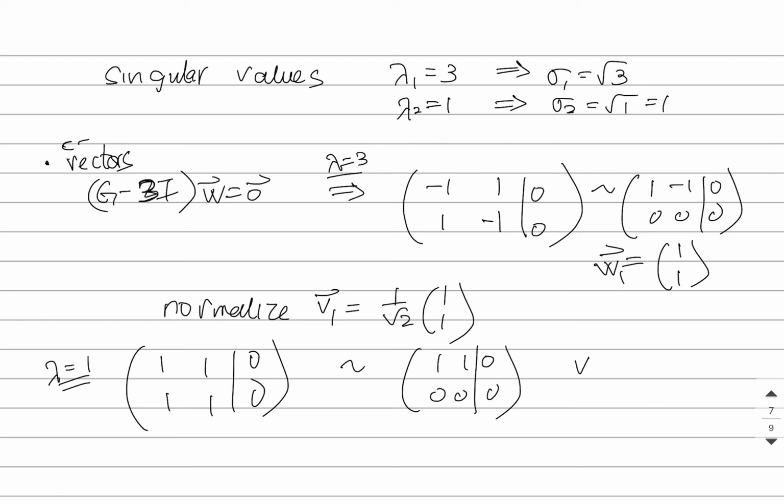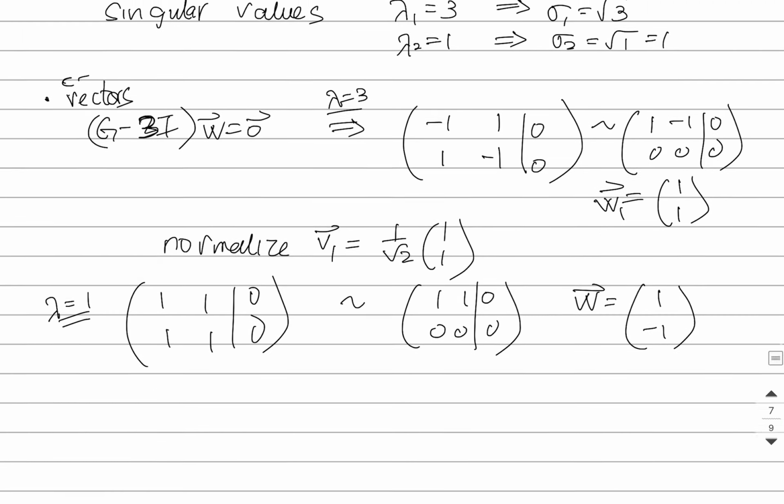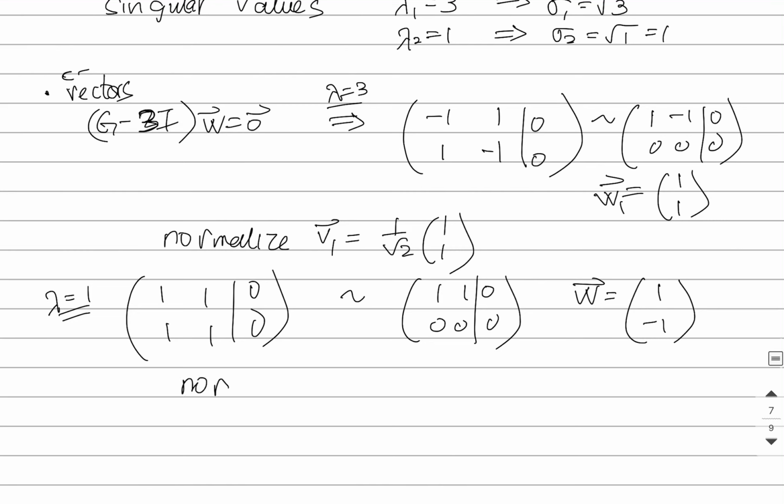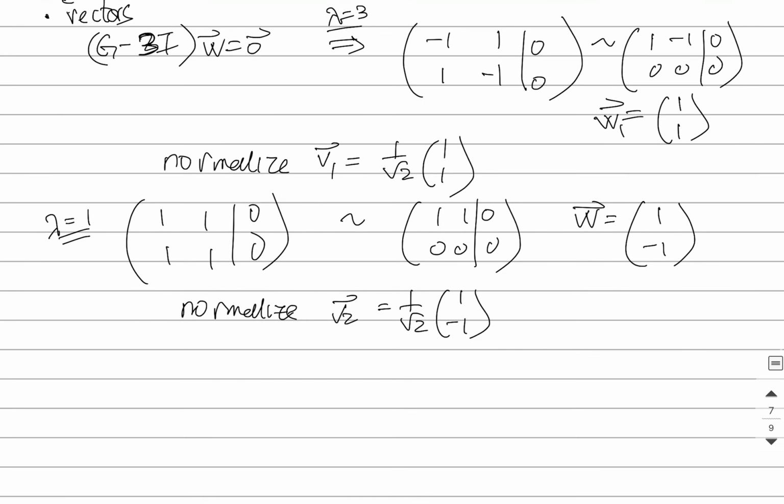And you'll get the vector W is going to be 1, negative 1. And if you normalize it, you'll get V2 is 1 over root 2, 1, negative 1. So this tells us the columns of the orthogonal matrix V.